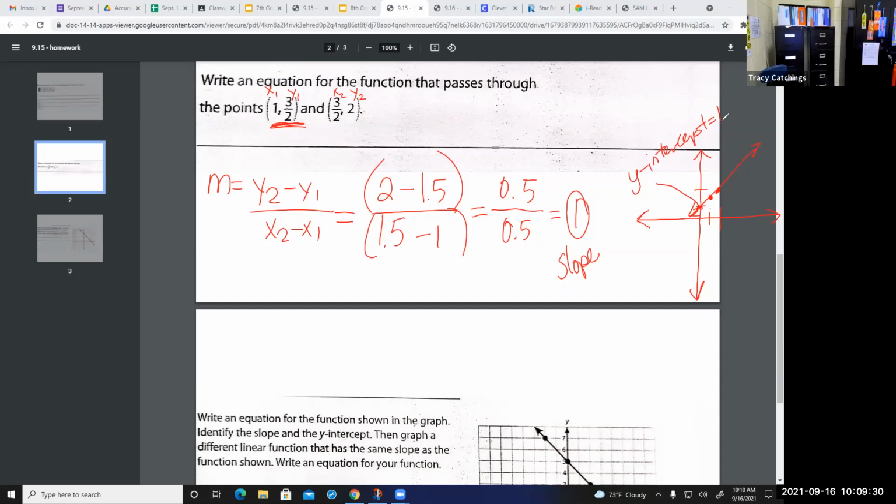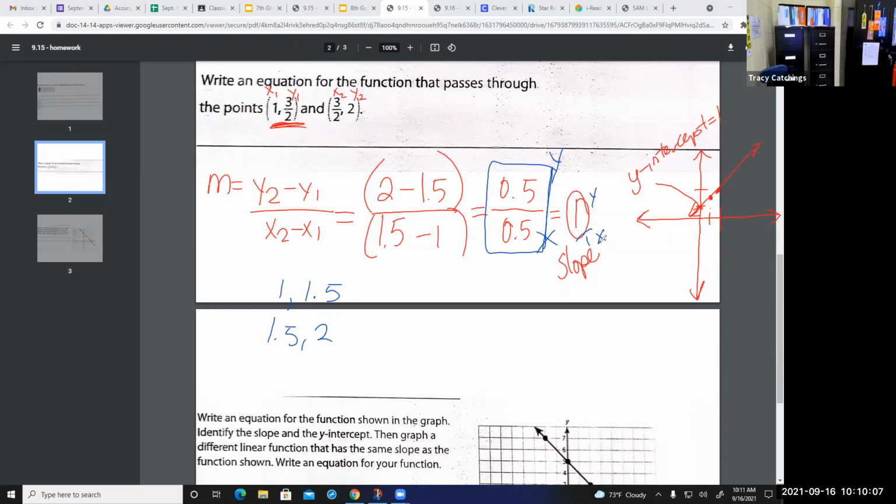Other approach. You can take our points that we have, and I'm going to list them on top of each other. 1 and 1.5, and then 1.5 and 2. The slope we just found was 0.5 over 0.5, so the y's are increasing by 0.5 and the x's are increasing by 0.5. Or we can look at the 1 and 1: y increases by 1 and x increases by 1.